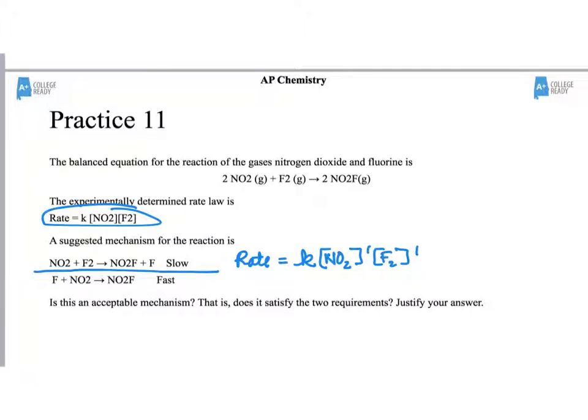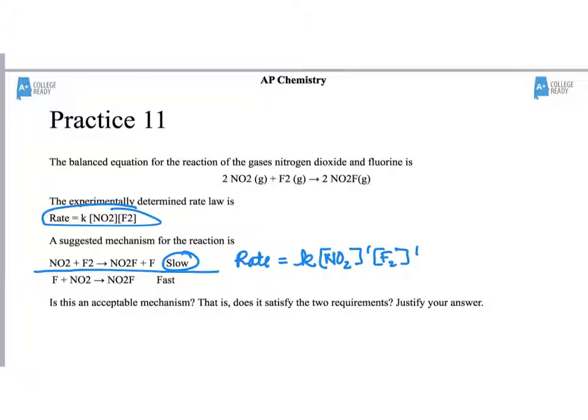All right. Is this an acceptable mechanism? Does this step, being the slow step, dictate a rate law that matches the given rate law?